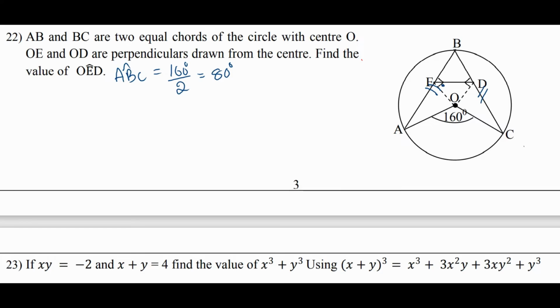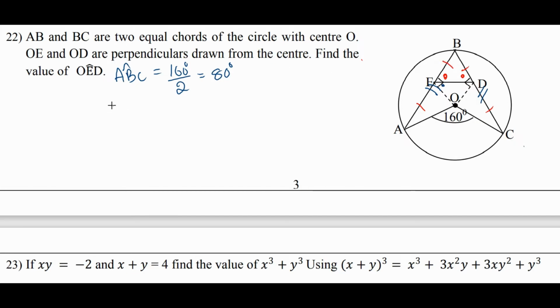That means EB is equal to EA and BD is equal to DC. Then this angle should equal this angle according to the isosceles triangle, because BED is an isosceles triangle. Then angles BED and BDE are both the same.